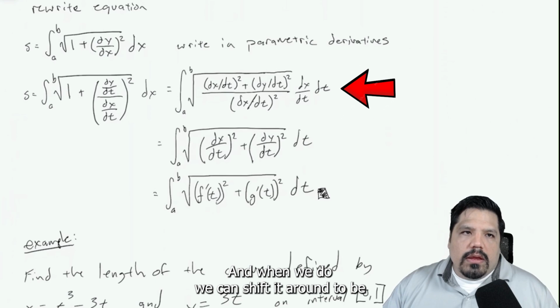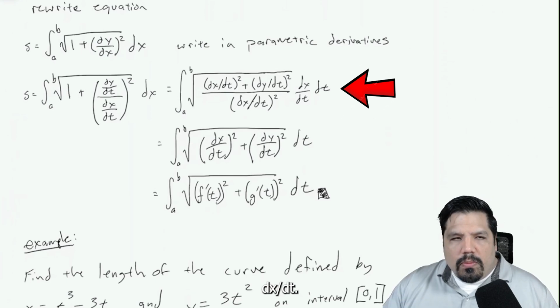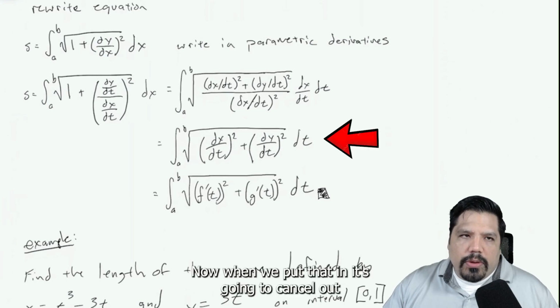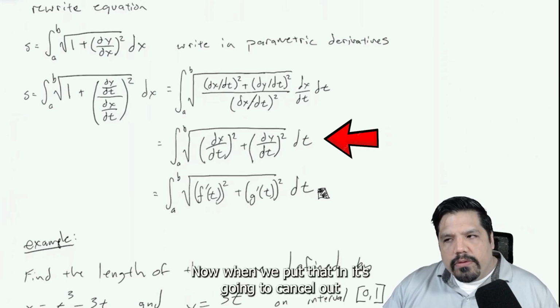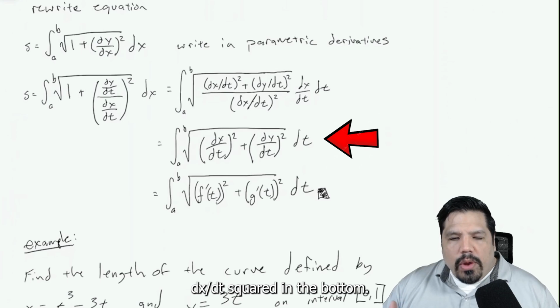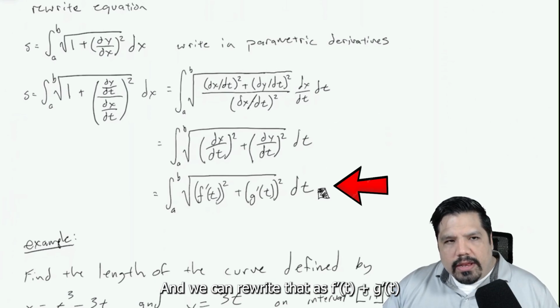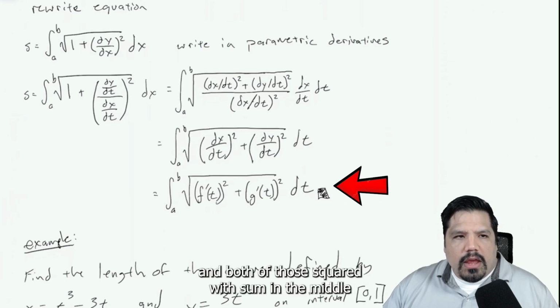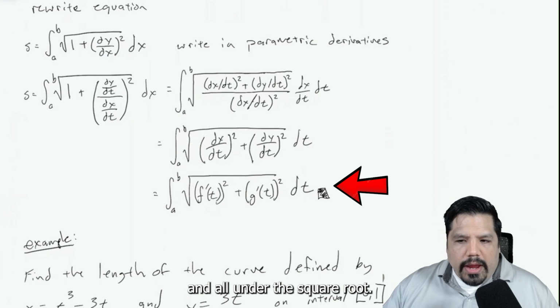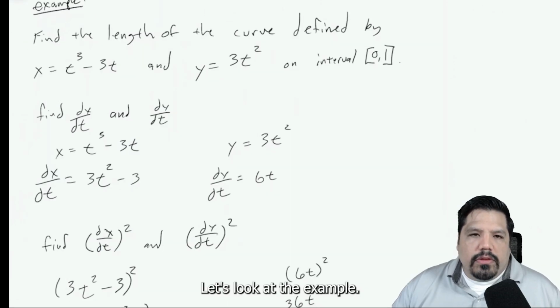Now it's going to cancel out (dx/dt) squared in the bottom. We can rewrite that as f prime of t squared plus g prime of t squared, all under the square root. Let's look at an example.